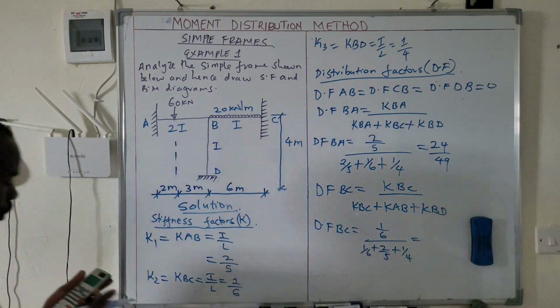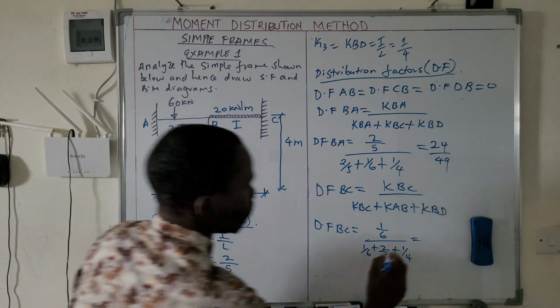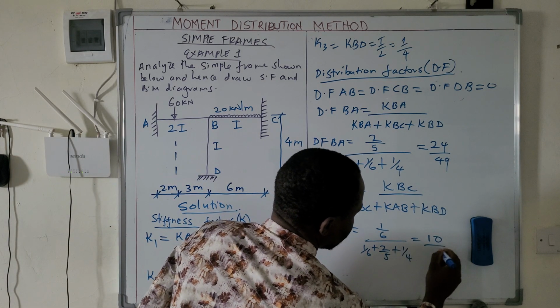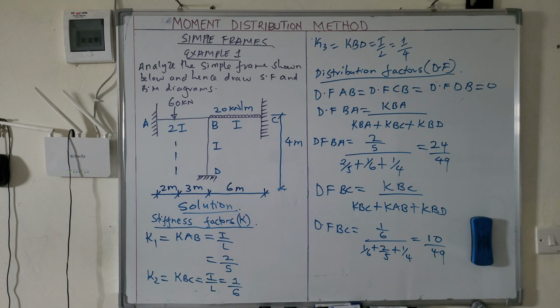So the answer is 10 over 49. So that is the DF BC.